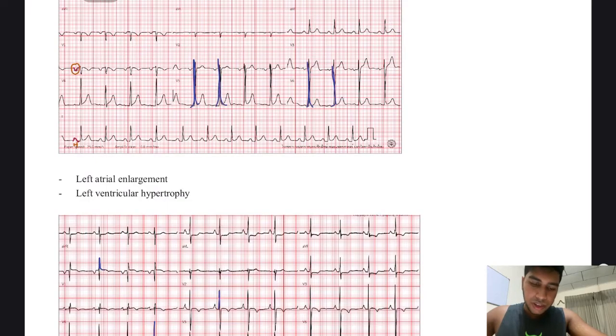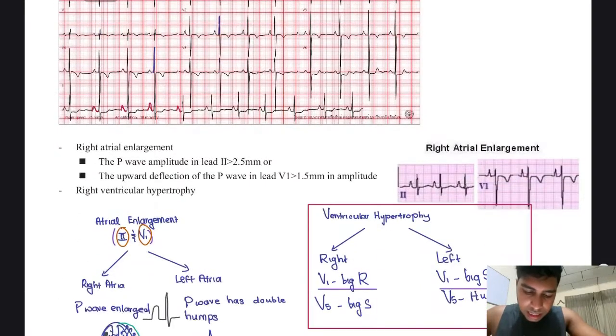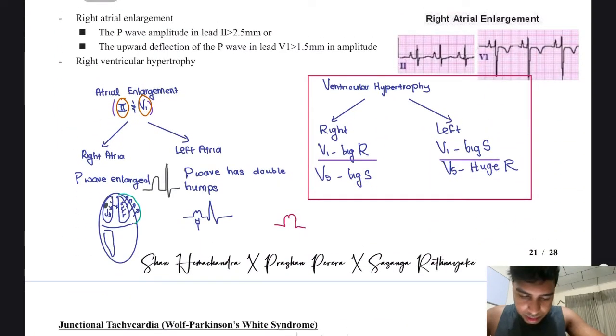We will talk about hypertrophic changes, and what I want to discuss is ventricular hypertrophic changes.